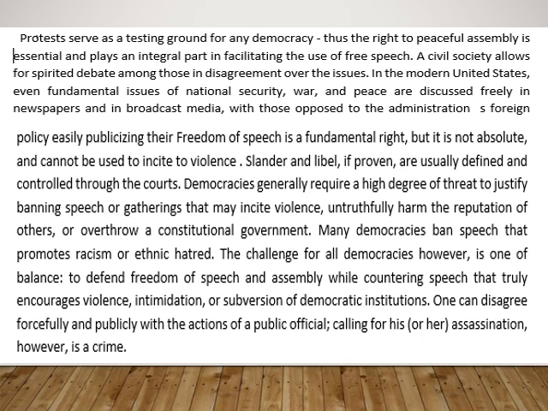One can disagree forcefully and publicly with the actions of a public official, but calling for his or her assassination is a crime. There is a huge problem of ambiguity in defining these issues because they are totally linked to how people think, their perspective, and their way of expressing their ideas and their lives.